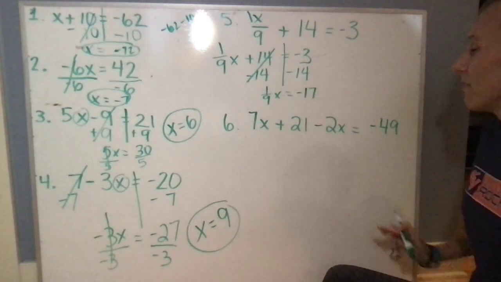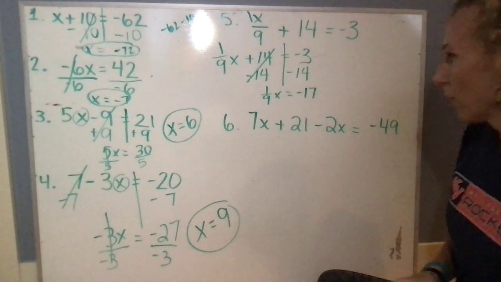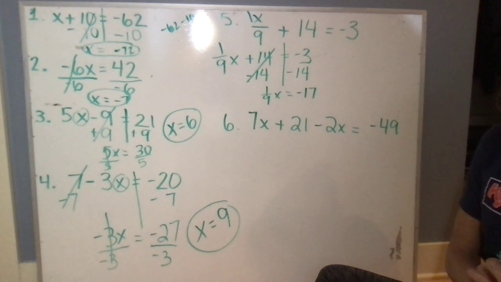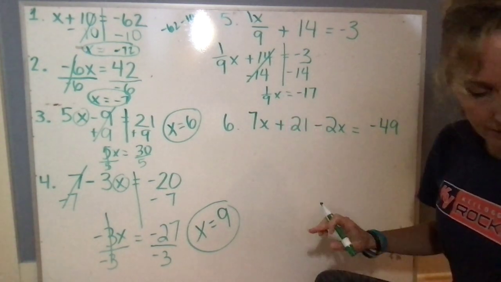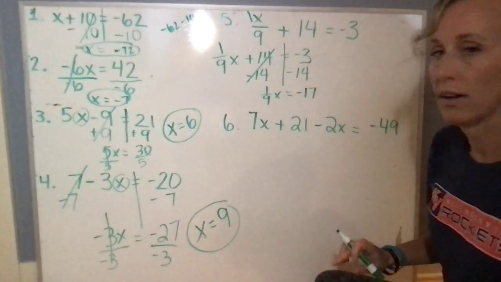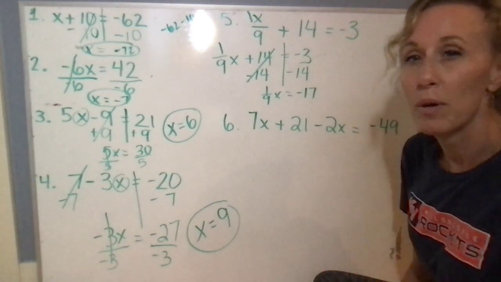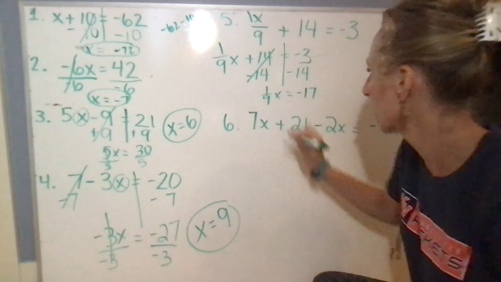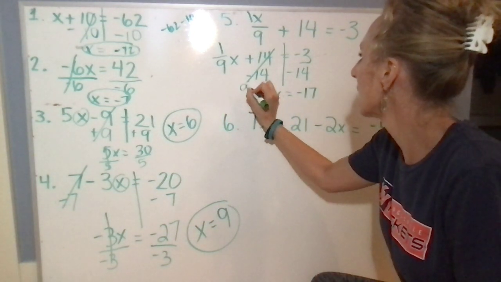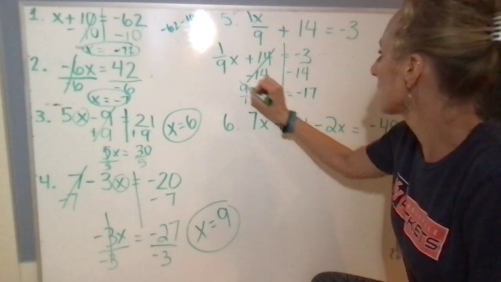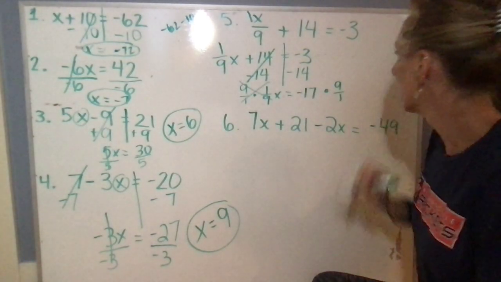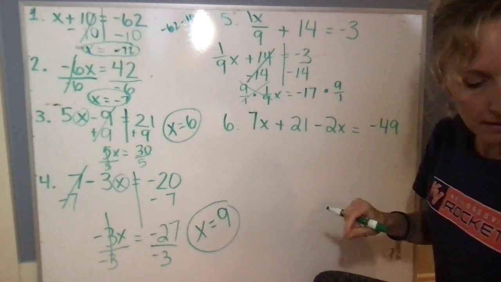Okay. And then what we have at the end there is we're going to have a fraction, right? And so how do we get rid of the fraction at the end? Who remembers what we do? I know you're thinking about it. We multiply by the reciprocal, remember? So we're going to flip that fraction around. So it's going to be 9 over 1. And we're going to cancel it out. And then we're going to do it over here, 9 over 1. Okay, and so we're going to type this in a calculator.